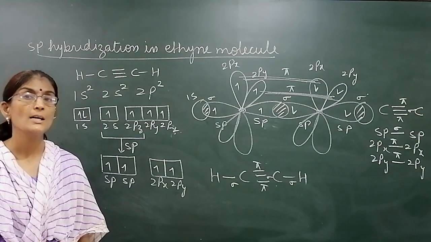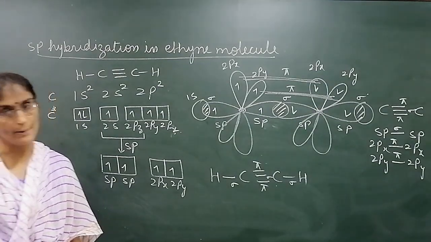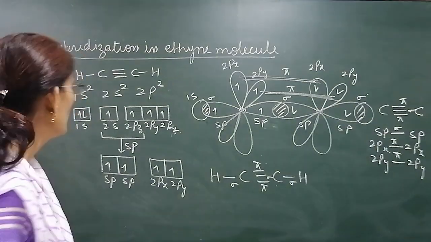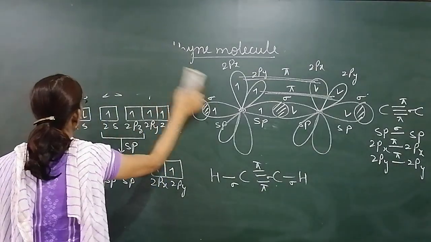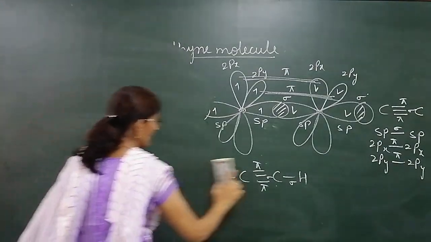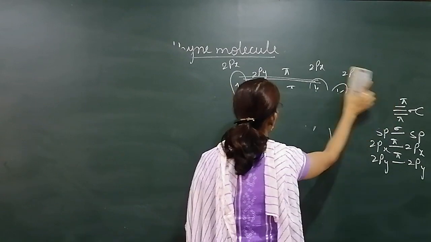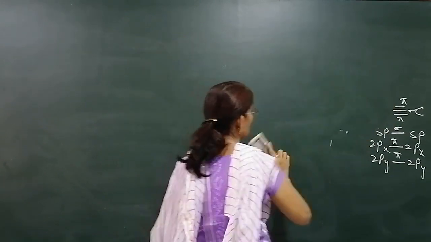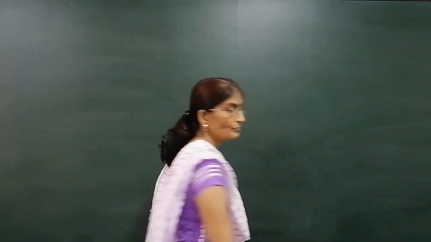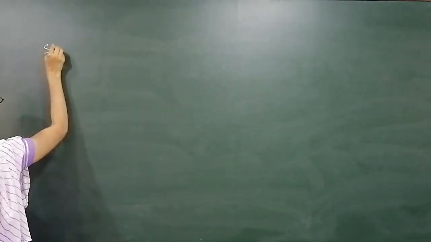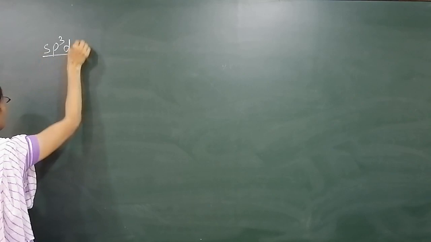First we'll move with sp3d hybridization. Example of sp3d is PCl5, phosphorus pentachloride. sp3d hybridization.